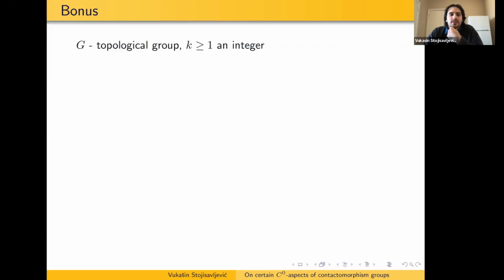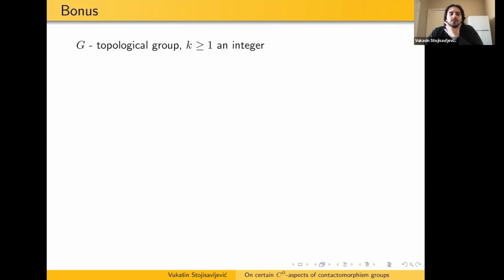So the first bonus slide is talking about how we can quantify the Rokhlin property. The Rokhlin property is just a property, but can we make some quantitative version of it? So here is an attempt.